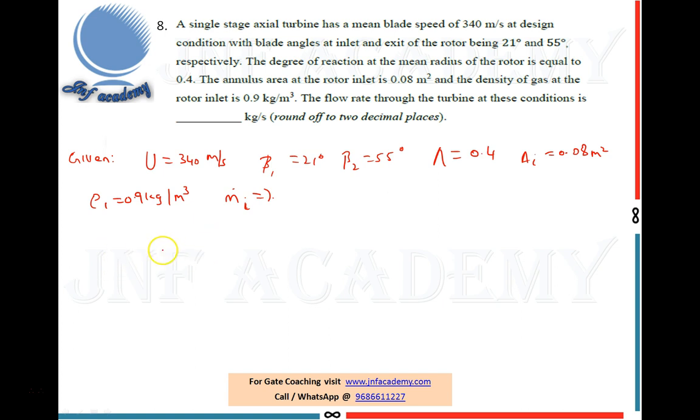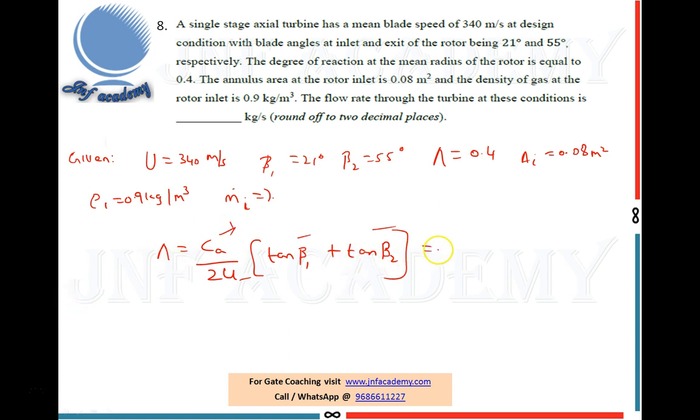Since the degree of reaction is given, let's start with it. We know the degree of reaction is equal to CA, the axial velocity, divided by 2U, into tan beta 1 plus tan beta 2. In this we know beta 1, beta 2, U and the degree of reaction, so we can calculate the axial velocity CA.